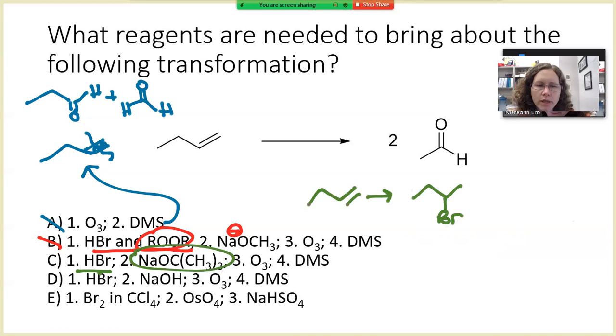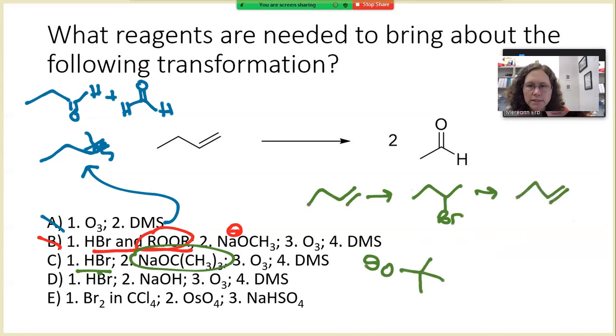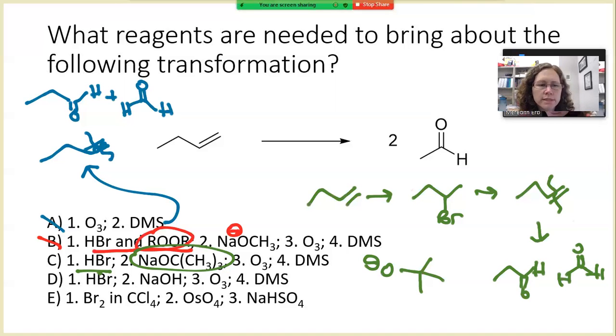This is a big, bulky, strong base, the same thing as tert-butoxide. If we use tert-butoxide, that will give us the Hofmann product. And if we did ozonolysis on that, again, we would get the same 2 aldehydes from answer choice A, which again is not what we're going for. So answer choice C is also one that we can cross off.